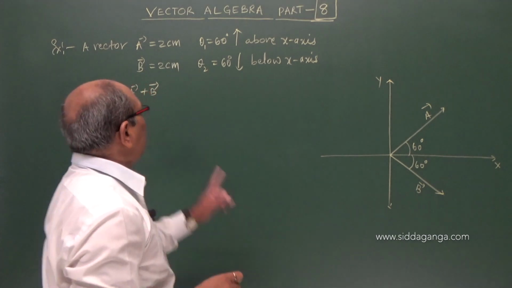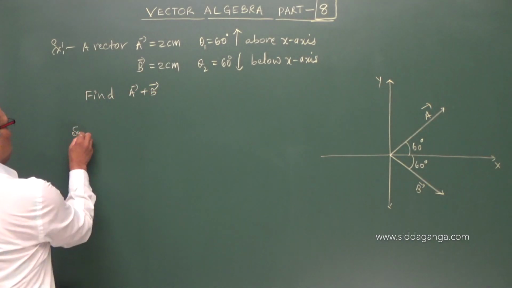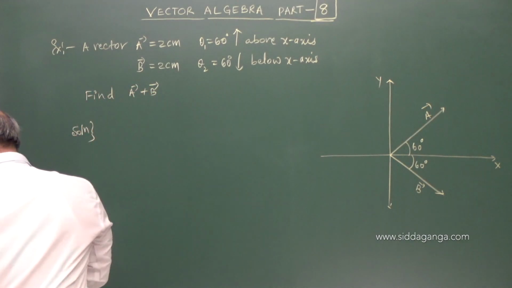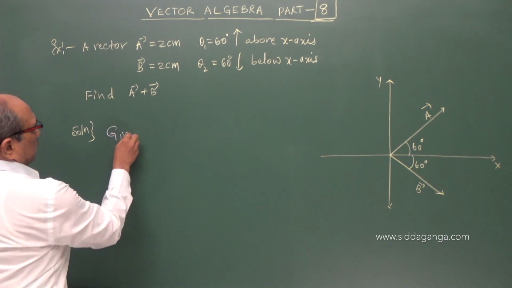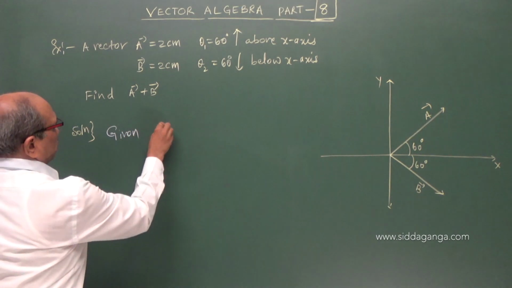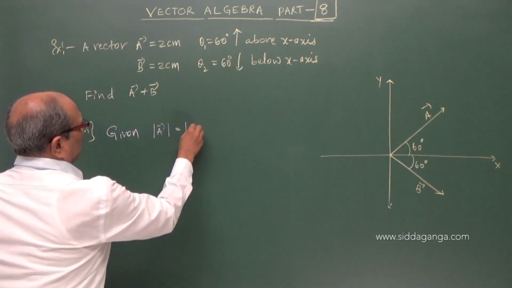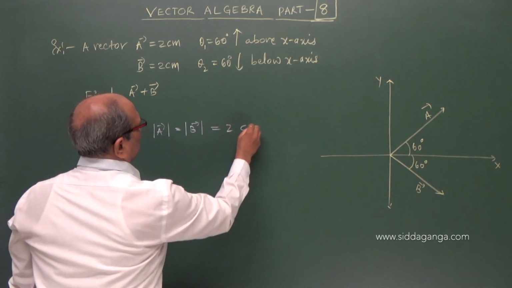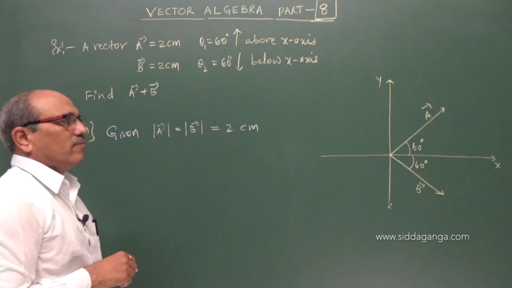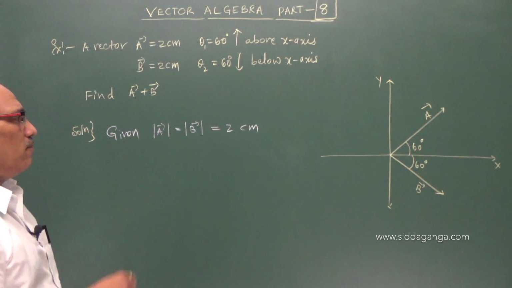And if you see in the solution part, observe carefully that the magnitude of A and the magnitude of B are equal to 2 centimeter. Same. A and B are same.